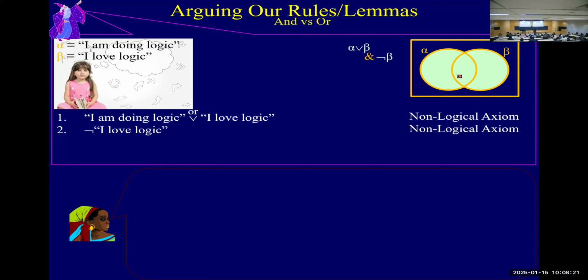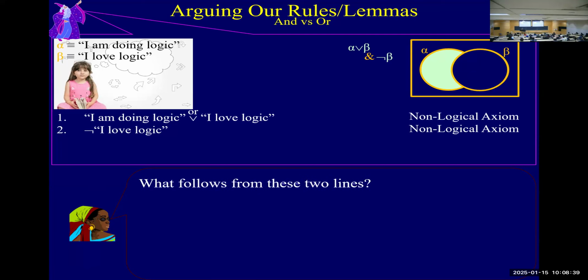Yeah, exactly. So we're all in 1090, and you might not love it, but here, this says the OR is true, right? That's line 1, one of them is true, but we're not doing the second one, and hence what follows is you must be doing the first one, right? Does that make sense? Everybody good with that?